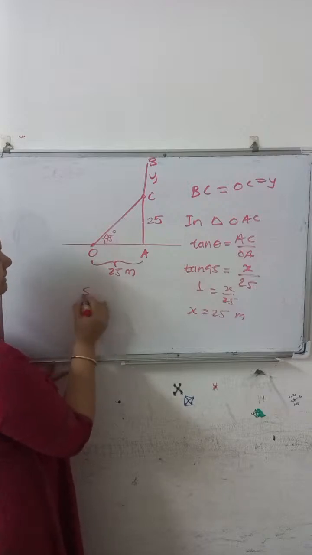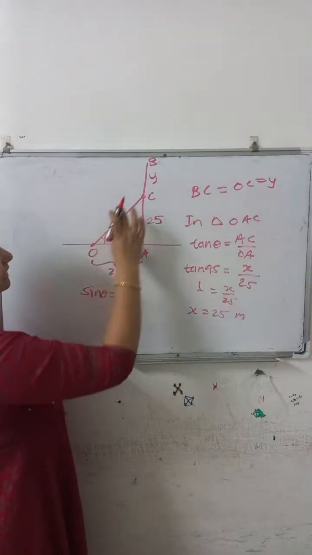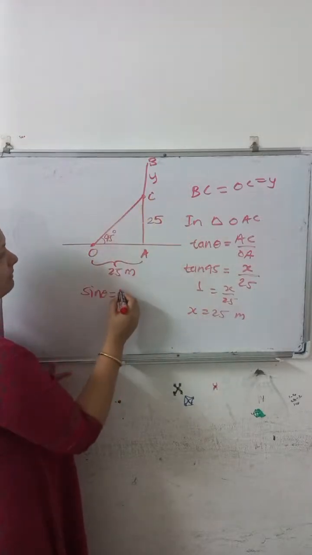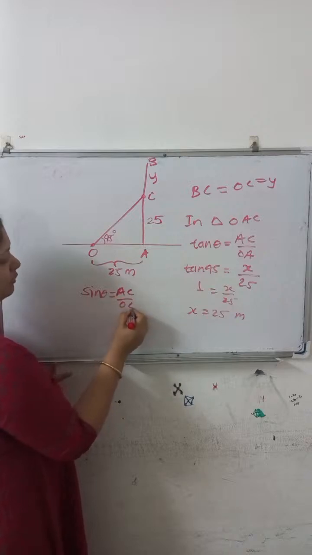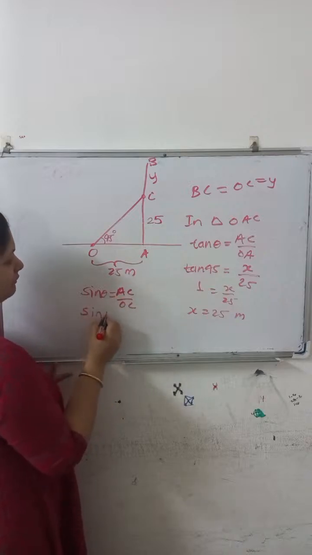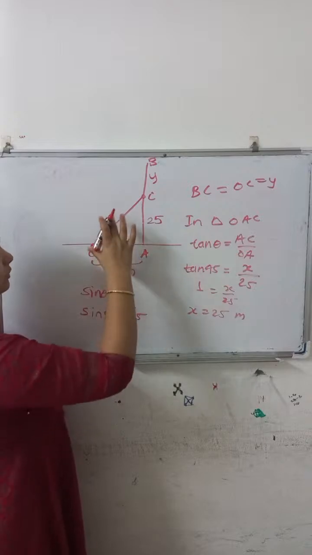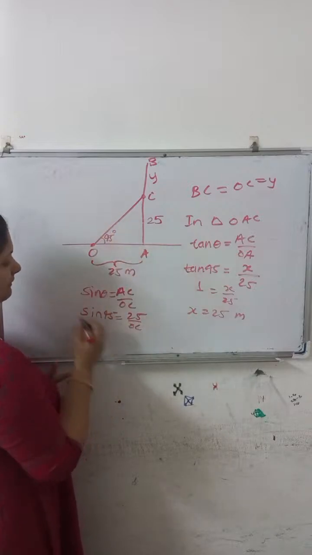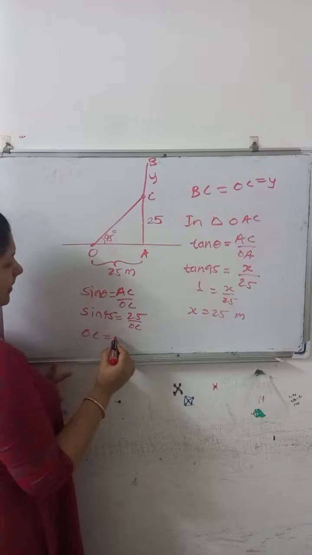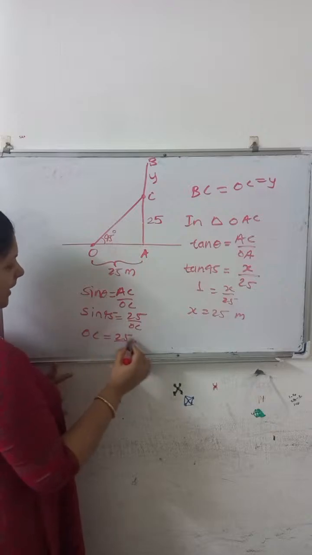Can you apply sin theta here? Sin theta is opposite by hypotenuse, so AC by OC. Sin 45 is equal to AC, which is 25, by OC, and this OC we have to find out. So I will transpose OC, and this is 25 divided by sin 45.